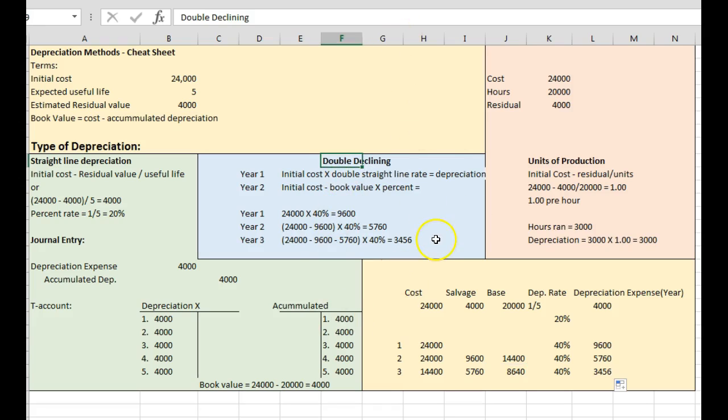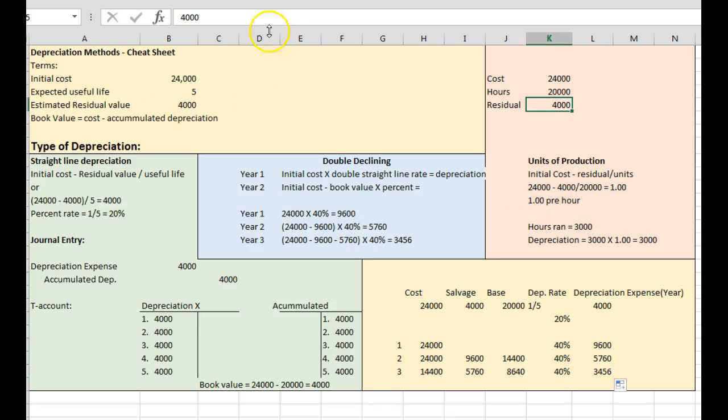Now, your units of production, they're relatively easy. It is the initial cost, minus the residual, divided by the units. So in this case, here's our cost of 24,000. It's going to run for 20,000 hours, and here's the residual or the salvage. So it's 24,000 minus 4,000, which gives us 20,000, divided by 20,000, which means each unit is $1, and that is per hour.